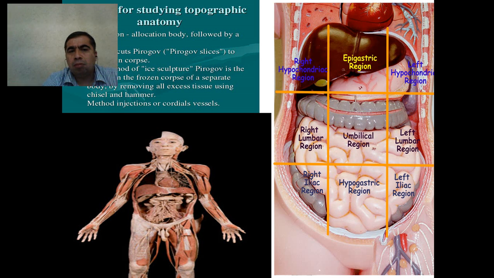All of them had many problems using the dissection methods. But then the dissection method also got its place in medicine.